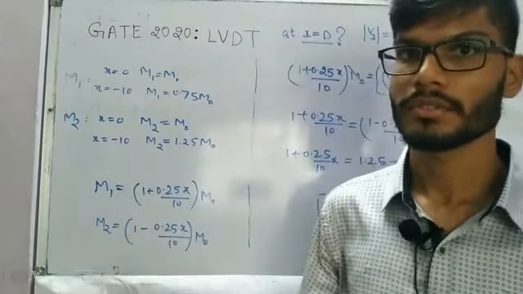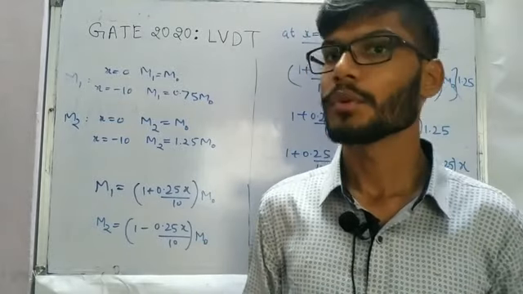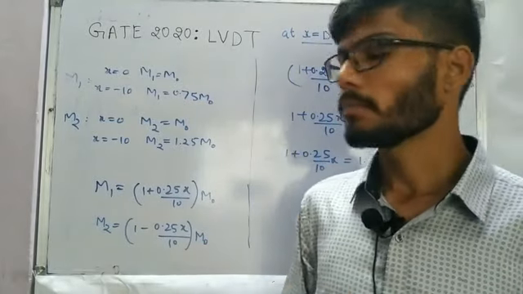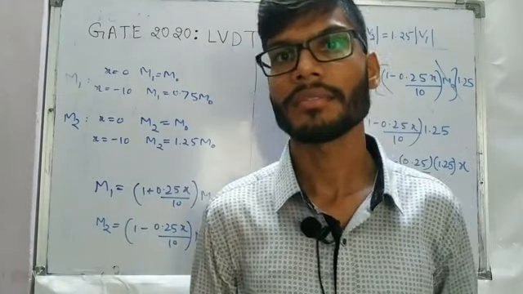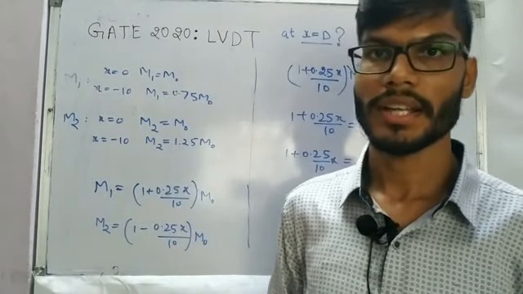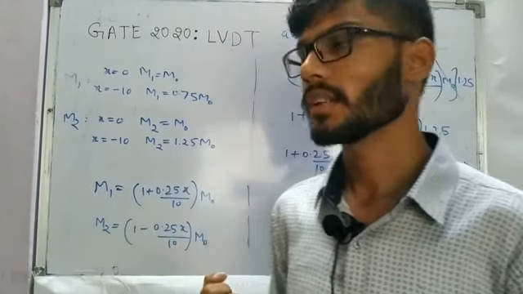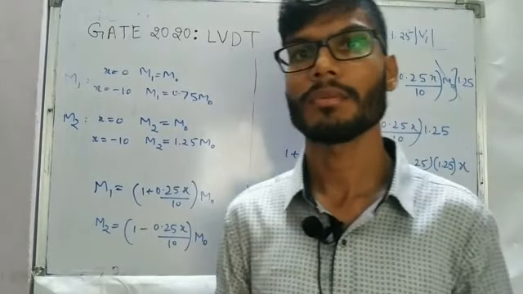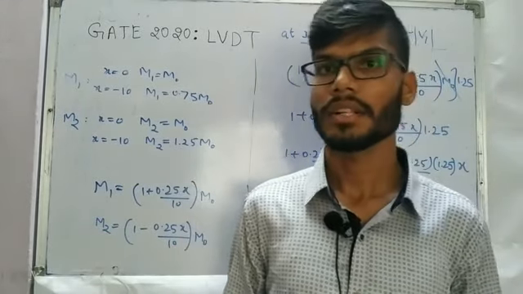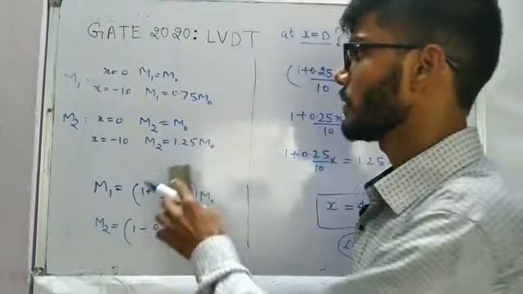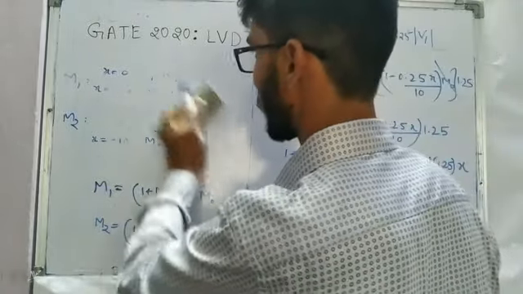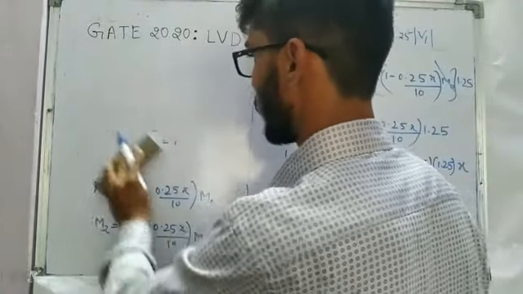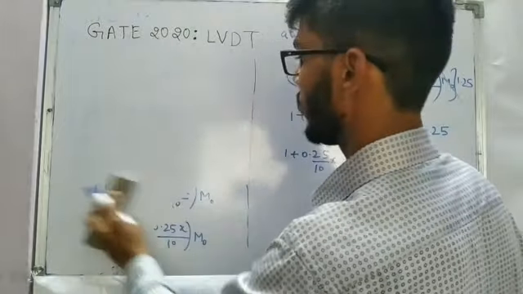So the displacement should be downward, then only M2 will increase, right? Purposefully I have solved this question wrongly first to make you understand what actually is happening in this particular case, and how you have to be very careful about the language given in the question and also the diagram. Now I will let you know what the actual problem is, and why it is not exactly our normal LVDT.